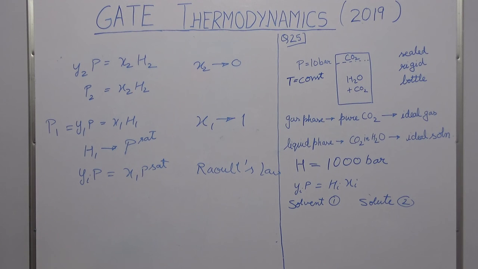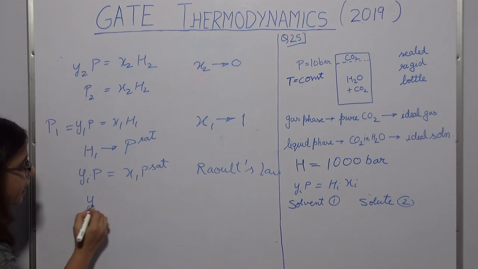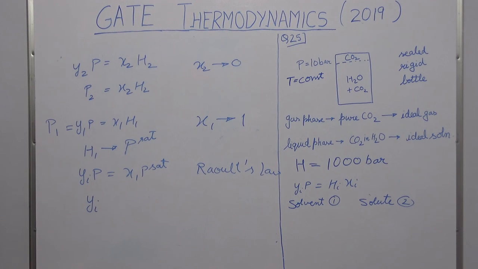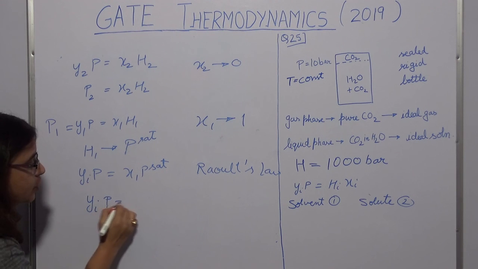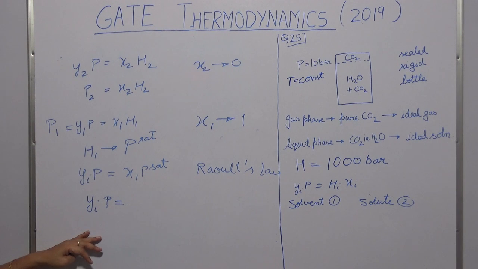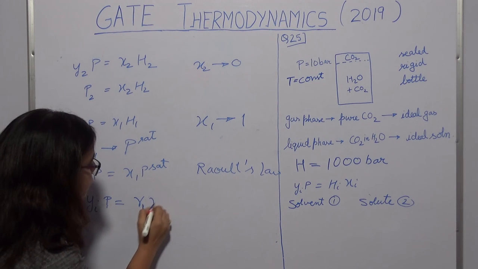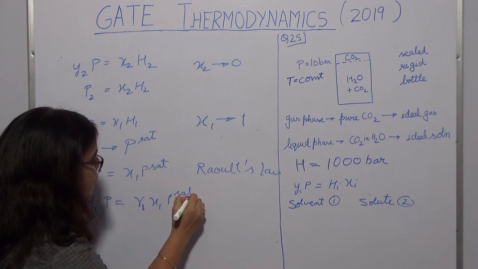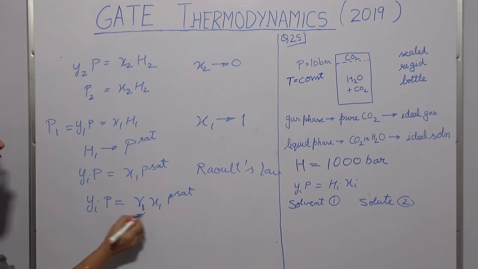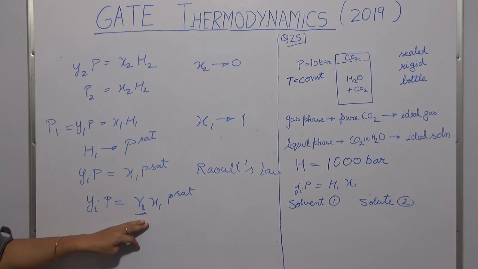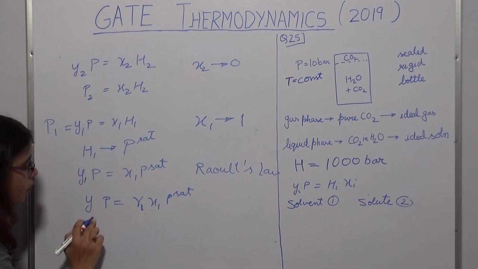One more thing is that this is applicable for your ideal solution, but if your solution deviates from ideal behavior, then you introduce a component, let's say gamma 1 x1 Psat, where this is your activity coefficient which we have seen before, and this takes care of your non-ideal behavior. It should be y1, yeah, we are writing for component 1.